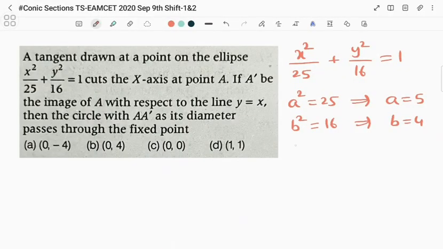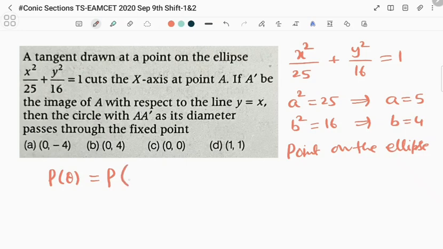So after that, the point on the ellipse, parametric point, you take it. So P of theta is equal to, whenever you are solving questions like this, better to take parametric equations of tangent, normal, then it will be easy solving. So a cos theta comma b sin theta only, no? So a value 5 cos theta, b 4 sin theta.